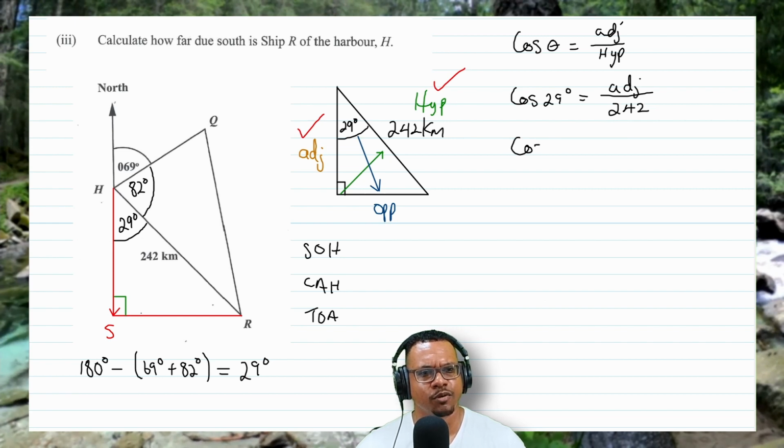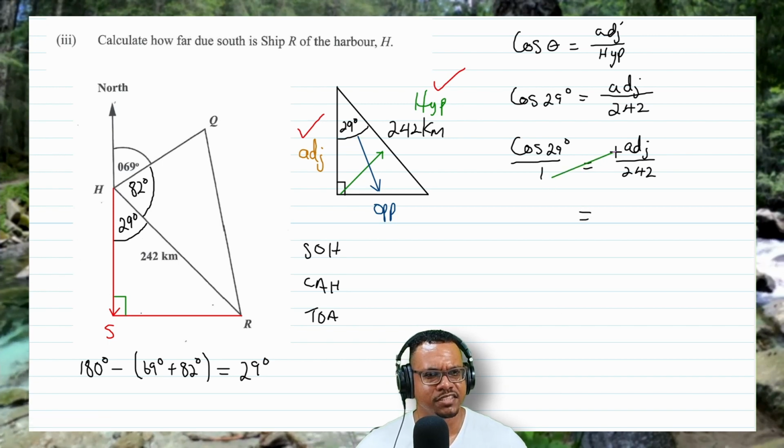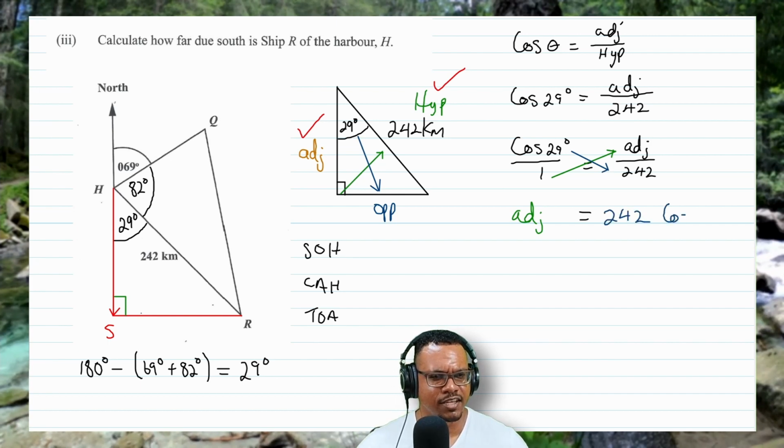So I'll put this over 1 so I can cross multiply the cosine 29. When I multiply 1 times the adjacent, I'll just get back the adjacent side, and cosine 29 degrees by 242, I'll get 242 cosine 29.